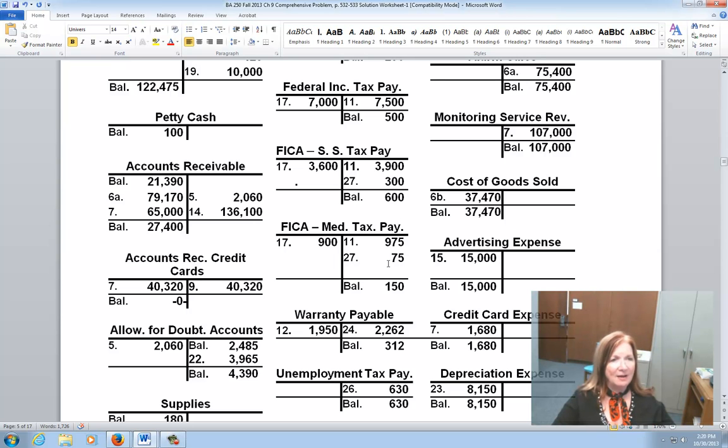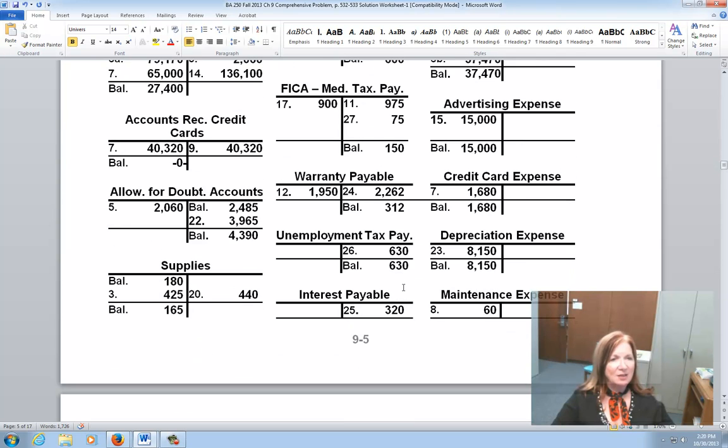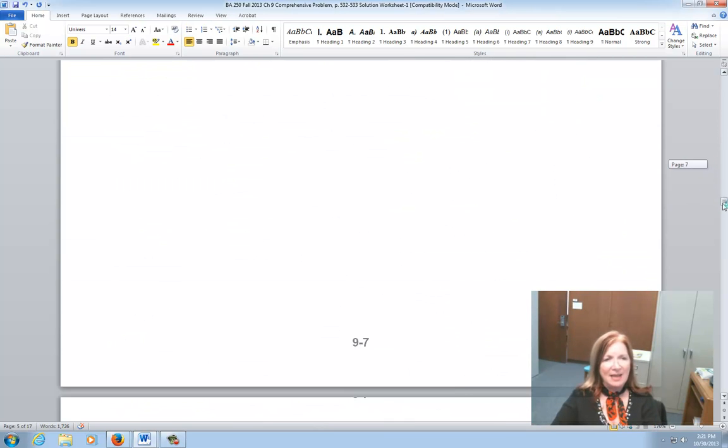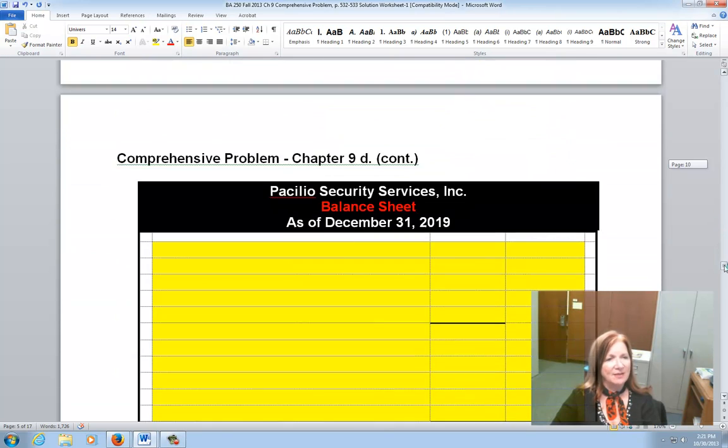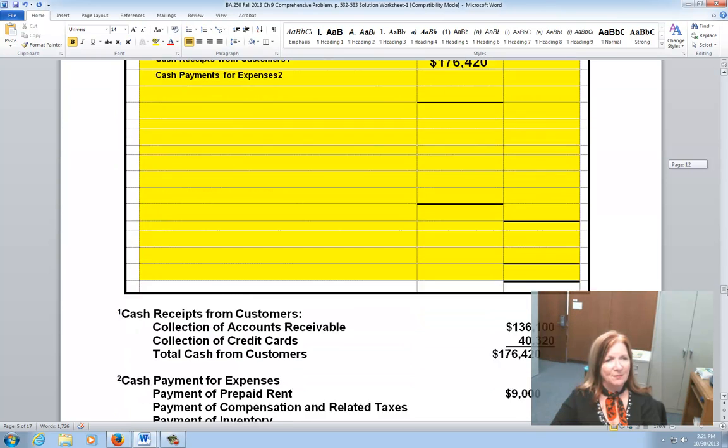Here I have Medicare tax, with a balance of $150. And then here I have unemployment tax, with a balance of $630. So I have all of those taxes where I have not paid the cash yet, so they need to be taken out of the cash from this time.